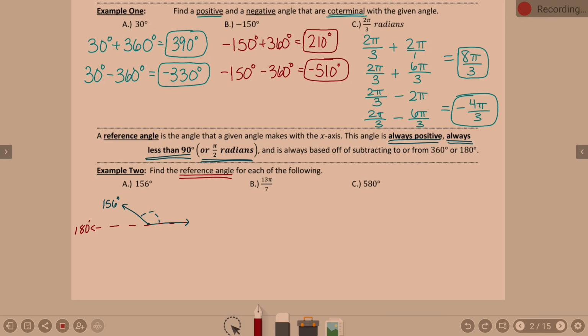So when we talk about this reference angle, we want to know how far 156 degrees is from, in this case, 180, because that's where it's closest. So what's the math I'm going to do? 180 minus 156. That gives me the answer of 24 degrees.